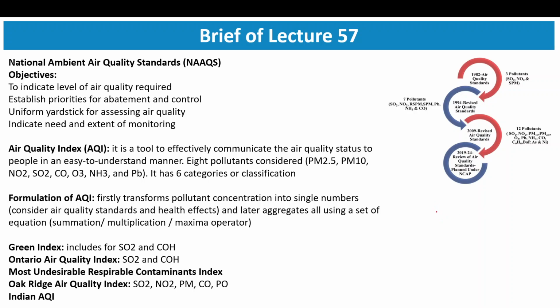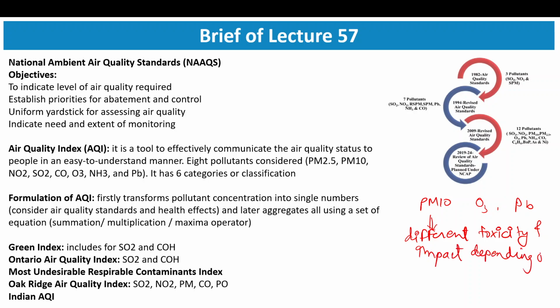Okay, let me give you an example. If you compare particulate matter PM10 and if you compare it with O3 and Pb, let's take an example of these three. Now, each of these pollutants will have different toxicity and impact depending on concentration, right?